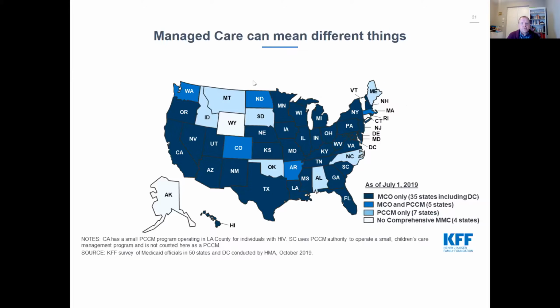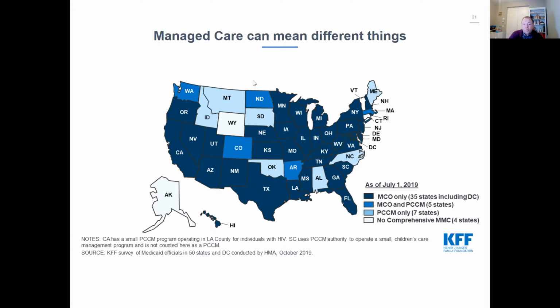So managed care, as we said, can mean different things. We were looking at managed care organizations providing that risk-based capitated payment. Those MCO programs are in, you can see, most of this dark blue here. Those are the states that have just the managed care organization risk-adjusted capitated payment.